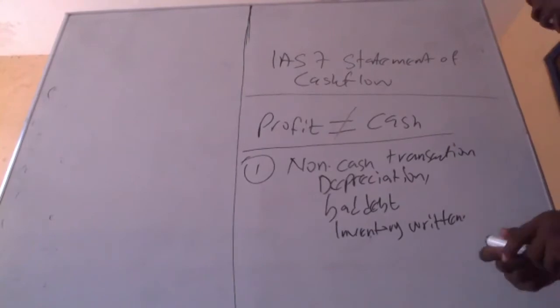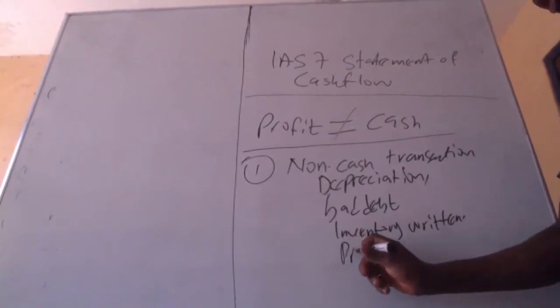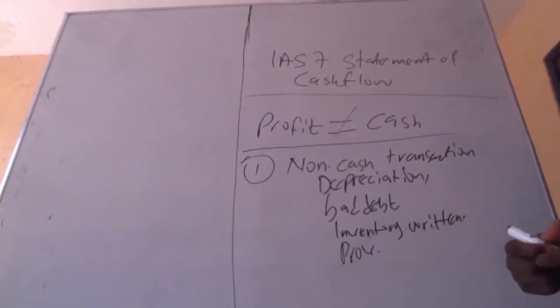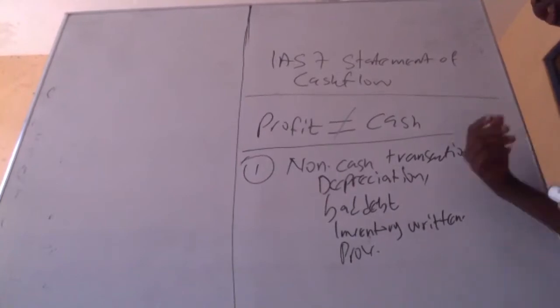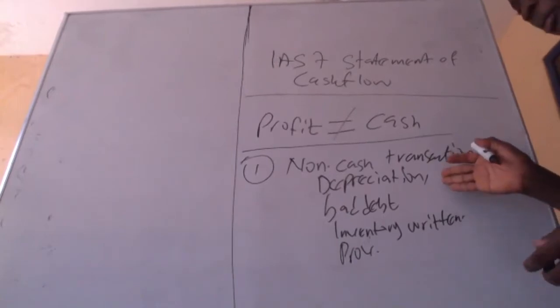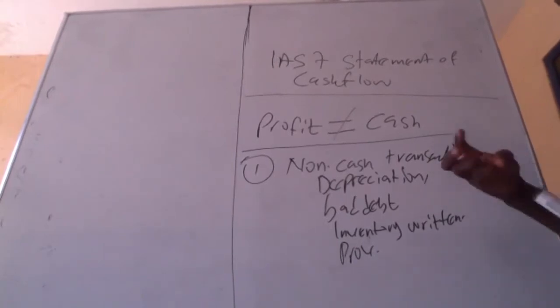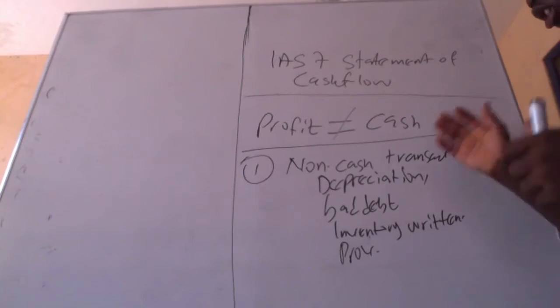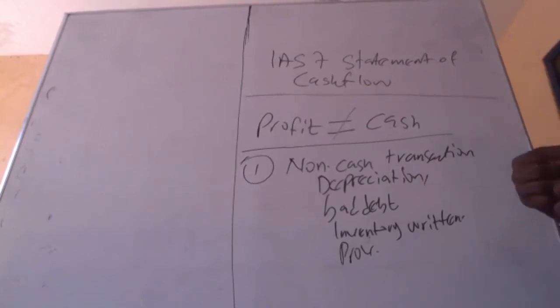It's a provision. You can also talk about provisions, unless they have been crystallized. So basically, these are examples of non-cash items. There are many. It also includes impairment, amortization, depreciation. All of them are non-cash items.